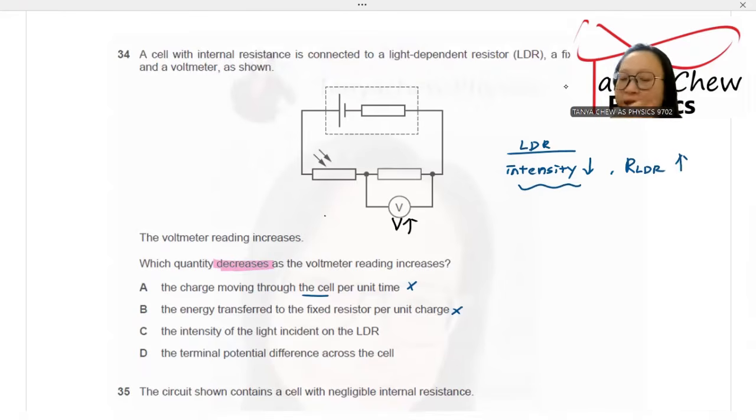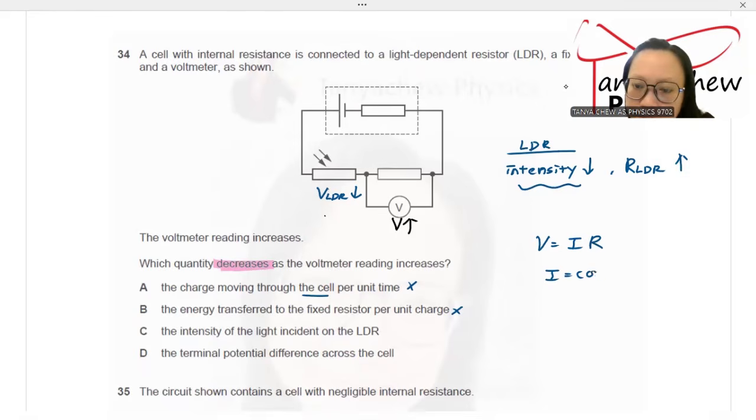So intensity cannot decrease, because when the potential difference across the fixed resistor is increasing, the potential difference across the LDR must be decreasing. If the resistance of the LDR is increasing, because this is a series circuit, V equals IR, I is constant, so V of the LDR is directly proportional to the resistance of the LDR.